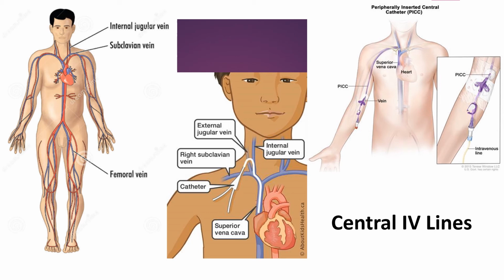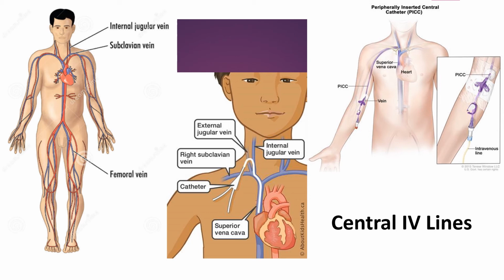And just an FYI, a lot of times a femoral line is not a preferred route if you can get an IJ, or internal jugular, a subclavian, or a PICC. Femoral is usually the last line because it's not as comfortable for the patient if they have a line in their leg, but it is still effective.